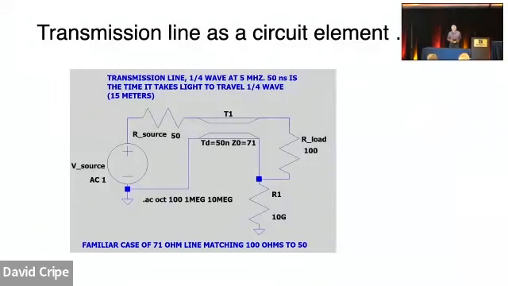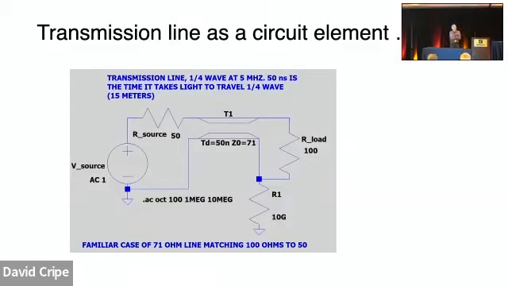Okay, another thing that's cool in LTspice is using a transmission line as a circuit element. There's two types. One is lossless, which I'm doing here, and one has loss. It's very easy to define at first. You give it a characteristic impedance, that's the easy part, and you give it a length, but the length is a little tricky.